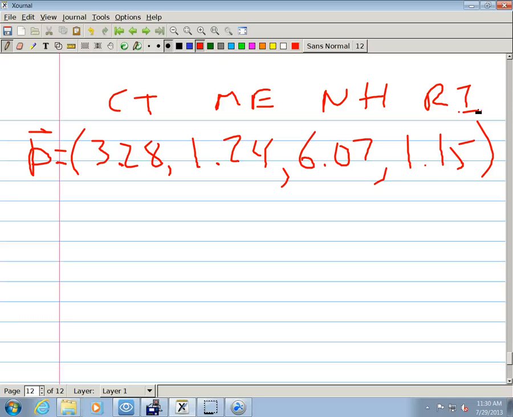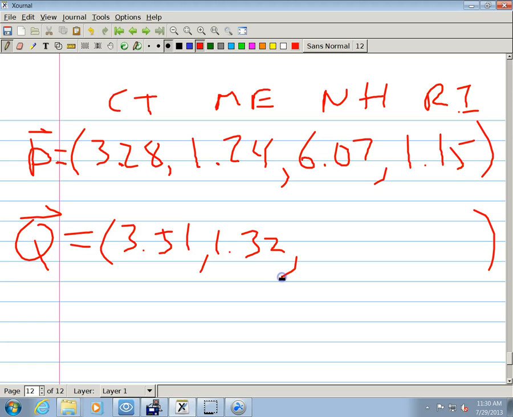Now, let's say that P is the population of each of these states in the year 1995. Let's say Q is a population vector that represents the populations of these same four states, but in 2005: 3.51, comma, 1.32, comma, 6.40, comma, and 1.31.